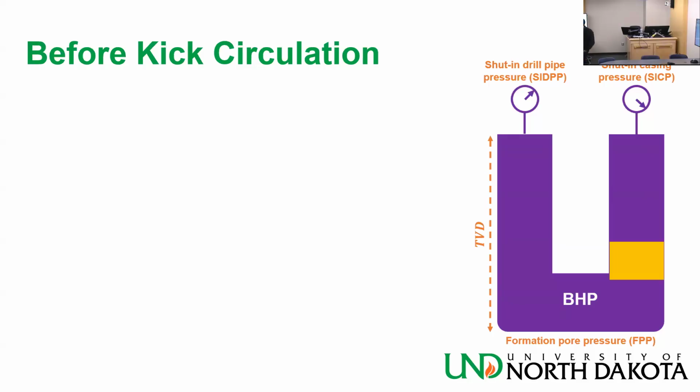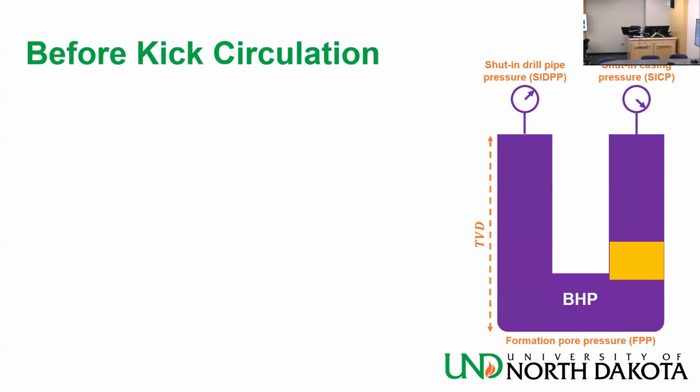Do you think that should be? If I ignore the presence of the gas, for now let's ignore it, and my kick is not there, imagine I have only mud, what would be the pressure I need to be above so I don't get a kick?